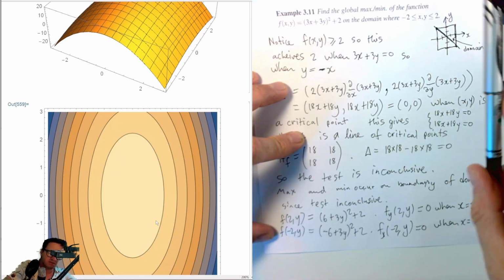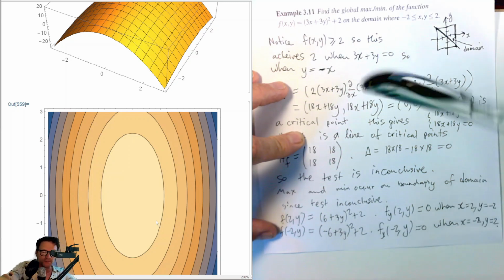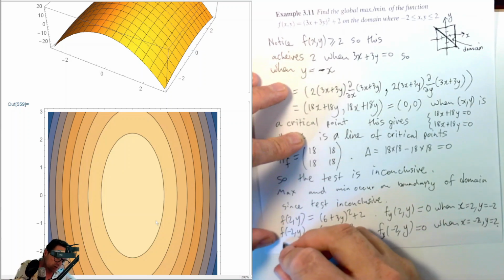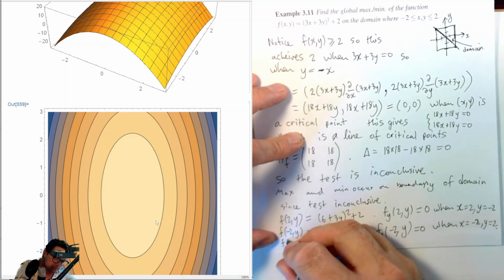Okay, continuing now, let's do the, oh no, I said bottom and top, right? But I meant left and right. Okay, so now we're going to do bottom and top, or top and bottom.